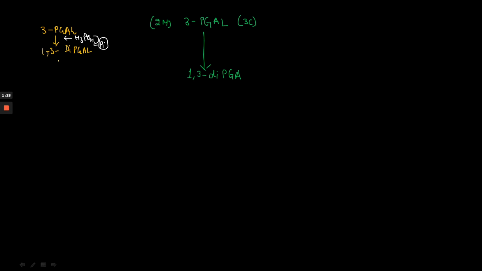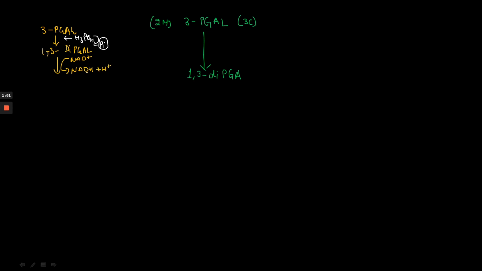Now again this 1,3-diphosphoglyceraldehyde is going to lose a proton, and whenever a proton is being released, oxidation is happening, and that removed proton will be ultimately accepted by NAD+, because this is the coenzyme, and it is going to get converted into NADH + H+.